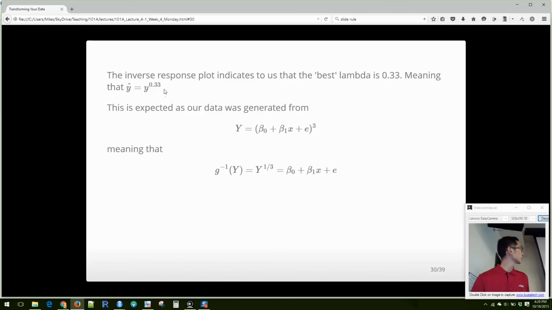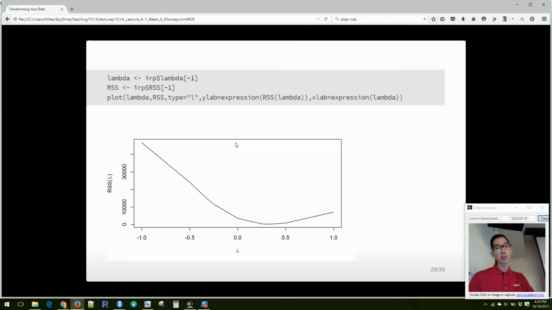And so the best lambda that it found was 0.33, meaning that y hat is y raised to the 1/3 power, which is completely expected, because we know that our data was generated from x being raised to the 3rd power, so the inverse of g should be that y goes to the 1/3 power. So this is one method, the inverse response plot, which fits a series of lambdas to this.